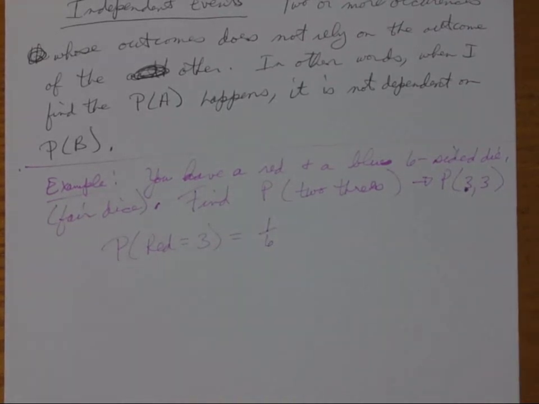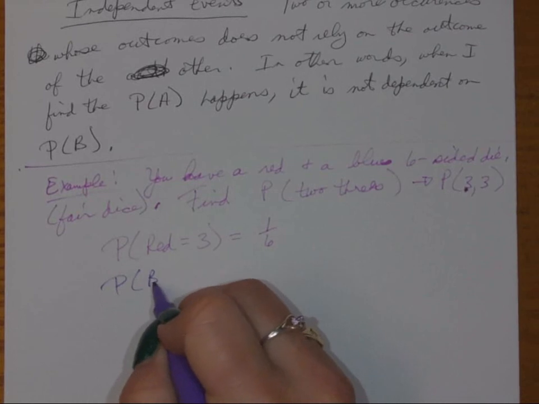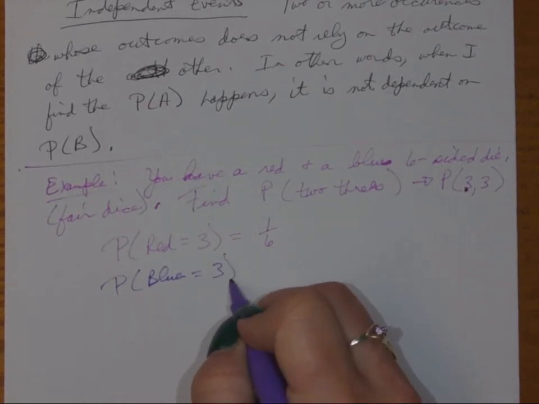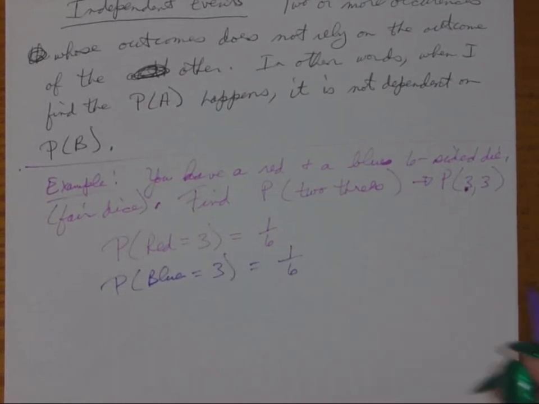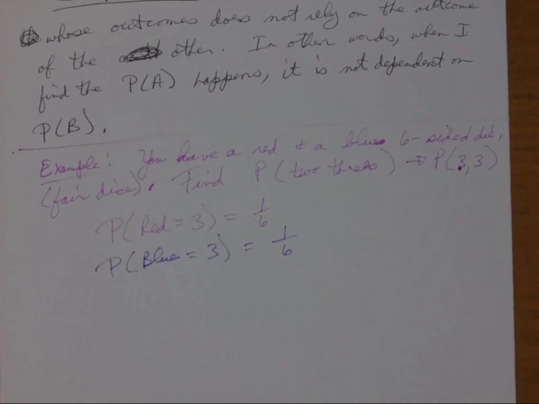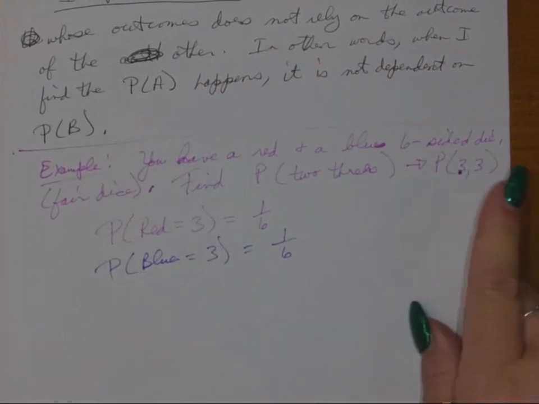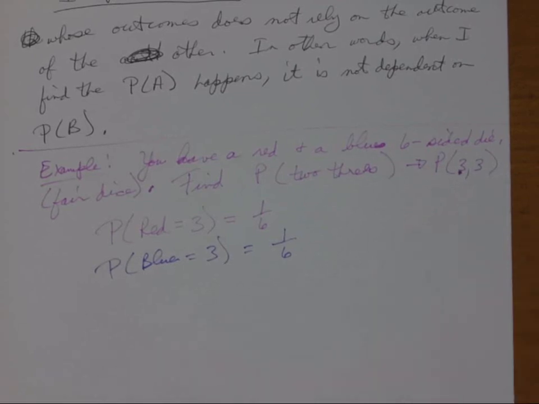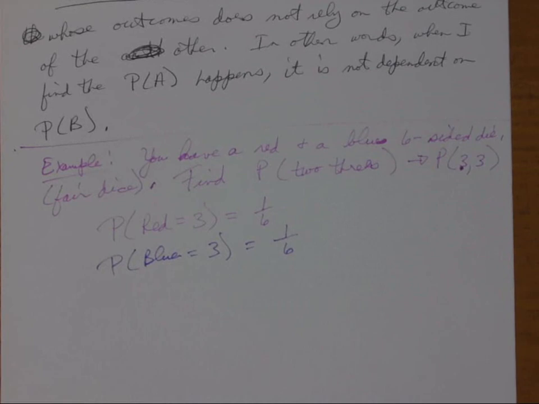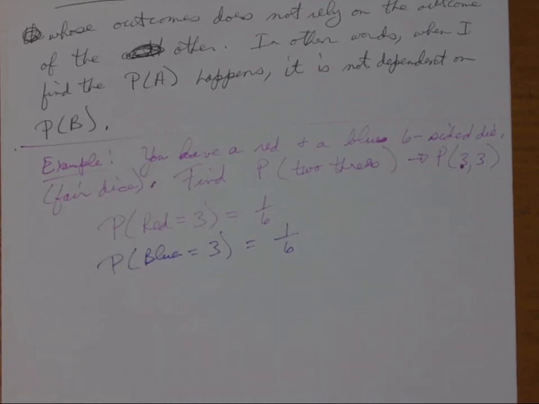Okay, what's the probability that the blue equals a 3? Also 1 out of 6, right? So individually, these events occurring, okay, the red's a 3, the blue's a 3, individually, they have a 1 in 6 chance, and you could just divide that out and figure out what that percentage is if you wanted to, okay? But the problem is, what about together, okay?